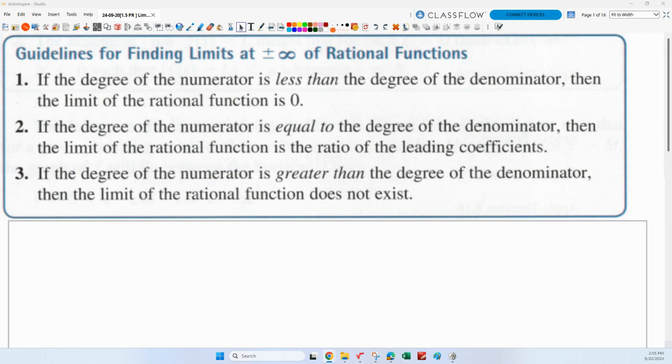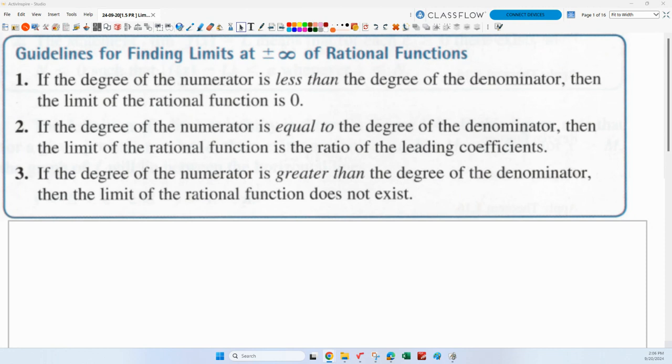Okay, so if I have a polynomial divided by a polynomial, then we have some guidelines. We know without having to do any work what to expect for our end behavior, right? If the numerator has a lesser degree than the denominator, so the top is a weaker polynomial than the bottom, then the limit at plus or minus infinity is 0. So you get a horizontal asymptote at y equals 0.